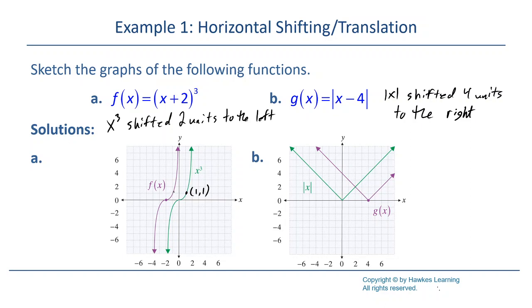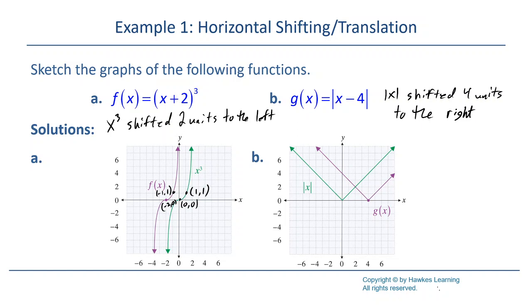If you shift it to the left 2, you now have the point negative 1, 1. So all it is just subtracting those x values and leaving the y value alone. Even 0, 0, that becomes negative 2, 0.